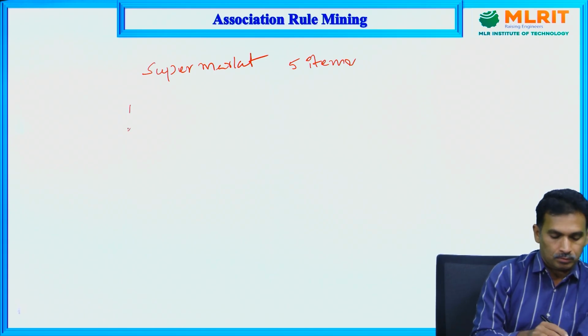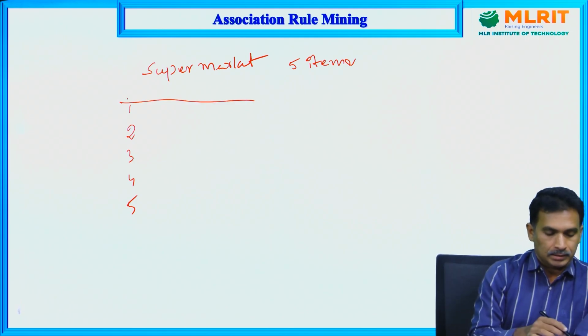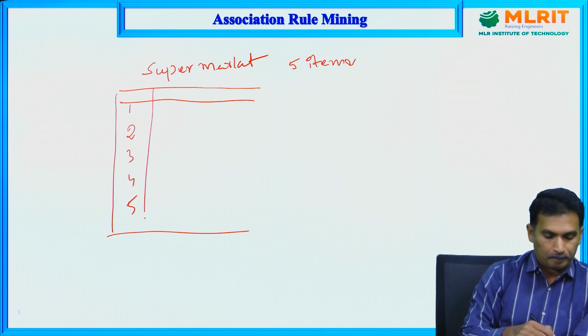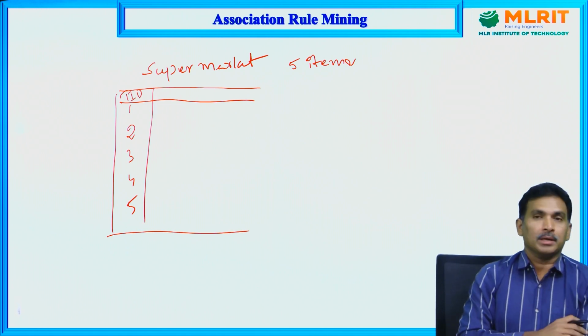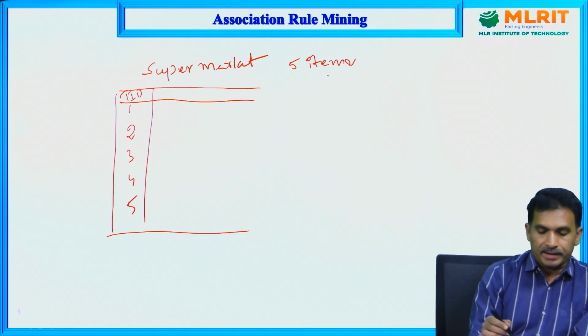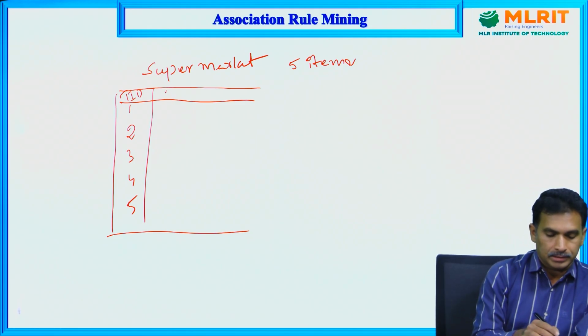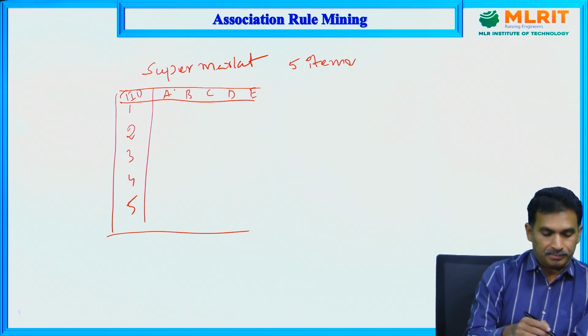So 1, 2, 3, 4 and 5 are the customer IDs, or we would also call it a transaction ID. Now there are 5 items in this supermarket: A, B, C, D and E. This is for simplification.